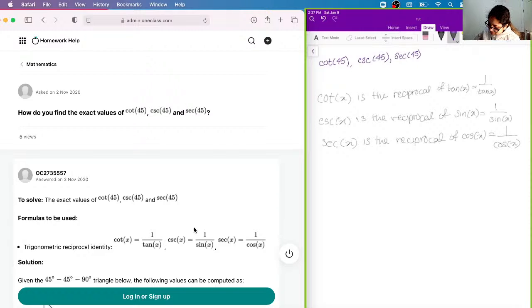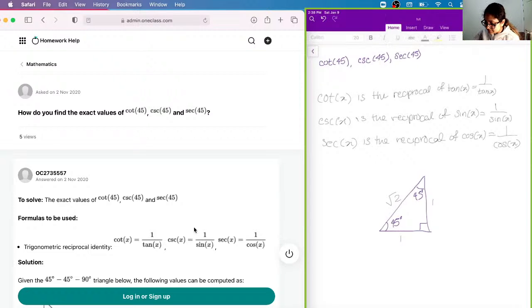So we're dealing with special angle triangles, so draw out a right angle triangle, with 45 degrees and this is also 45. If you recall, our hypotenuse is equal to square root of 2, and our sides are equal to 1.